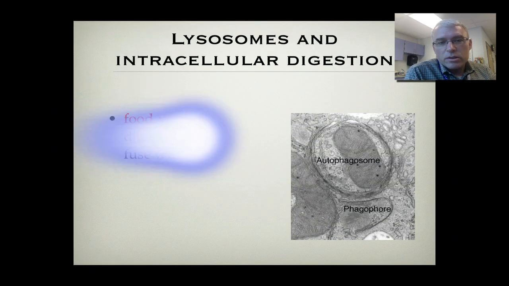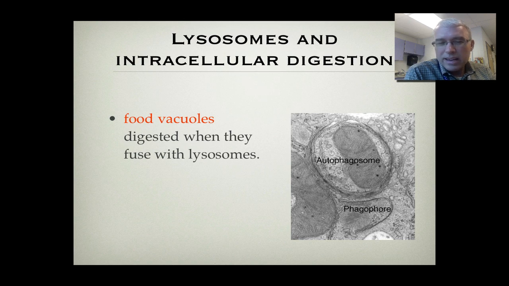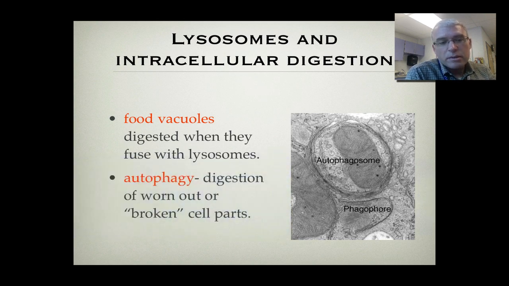Now, lysosomes can do two basic kinds of digestion. They can digest food vacuoles, which means the cell absorbs something, surrounds it with membrane from the cell membrane. This food vacuole then fuses with a lysosome so that the lysosome's digestive enzymes can mix with the food that's been surrounded by the cell membrane, and together this food vacuole is where digestion happens.